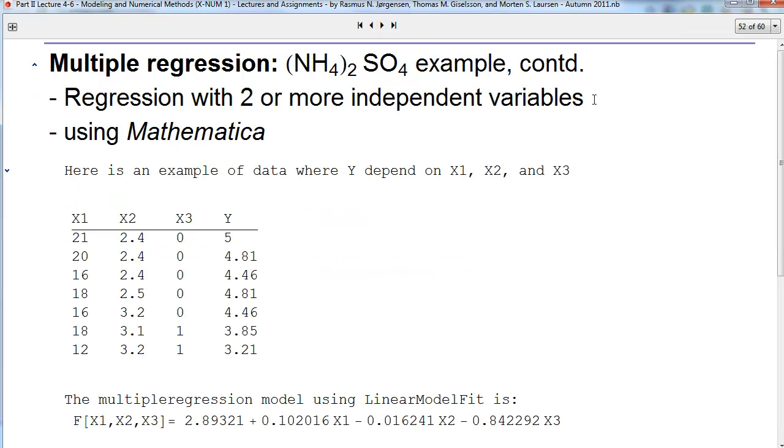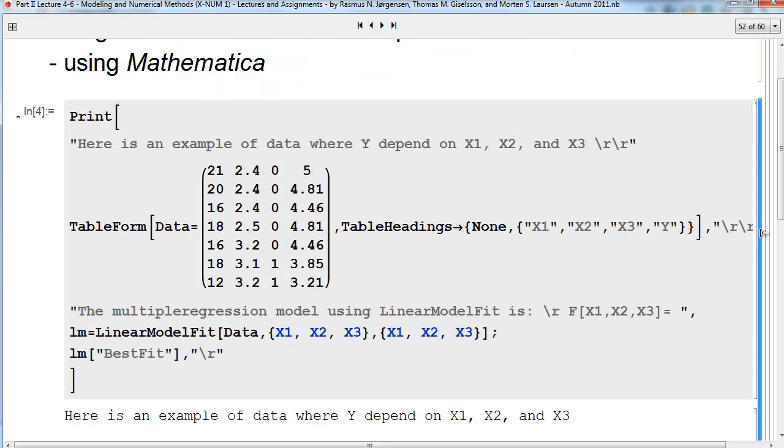So, if you try to put in these data just to have a fast go, here's an example of the data, where you have y, and you have x1, 2, 3. And then you have the function you get here when you just run it. Let's have a look. It's this one.